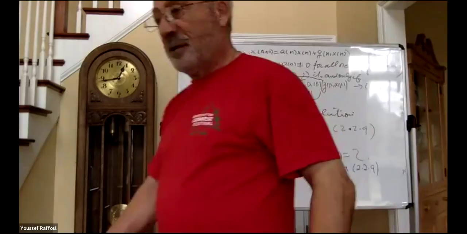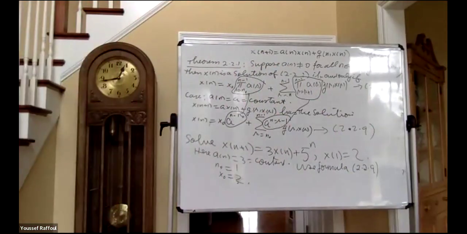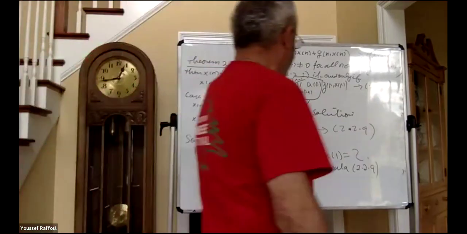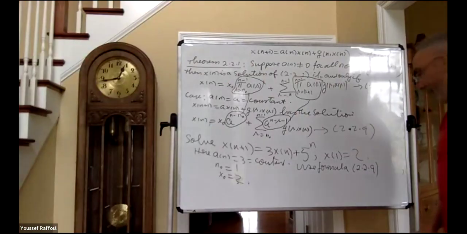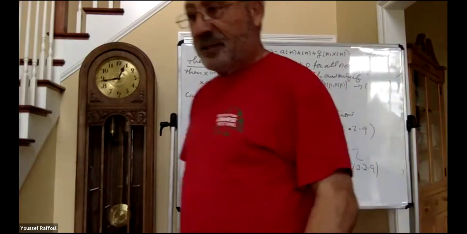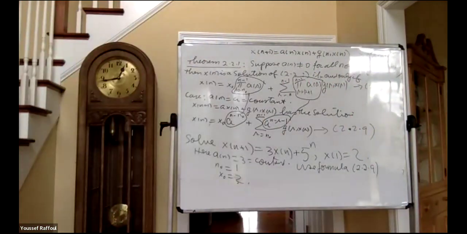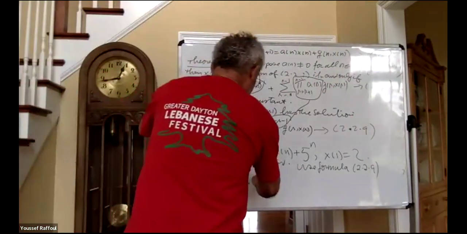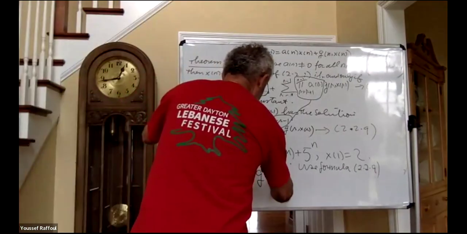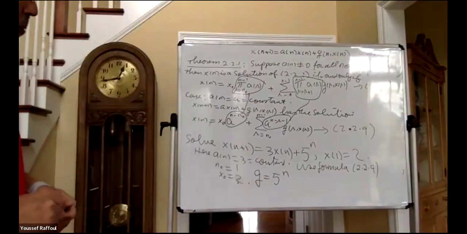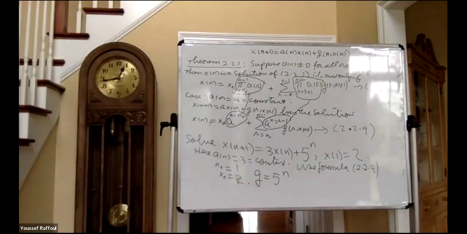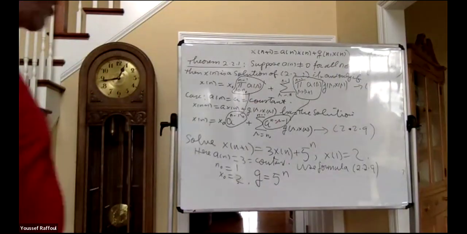Why don't you go ahead, work on it for a minute, then I'll pick it up for you. Try to use this formula, see what you can get with it. So you need to understand that the G here is 5 to power n. Okay? It's raised to power n. There's no x in it.